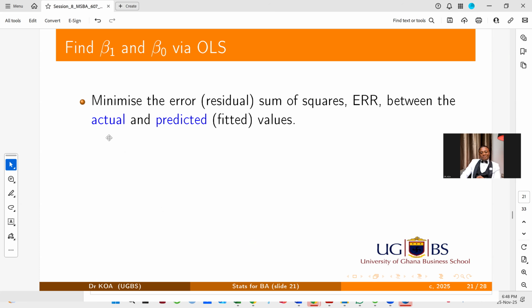We are looking at simple regression. Simple regression has y equals beta naught plus beta 1 x plus the error. Now, I told you that the error is the actual y minus the y cap, or the predicted y.